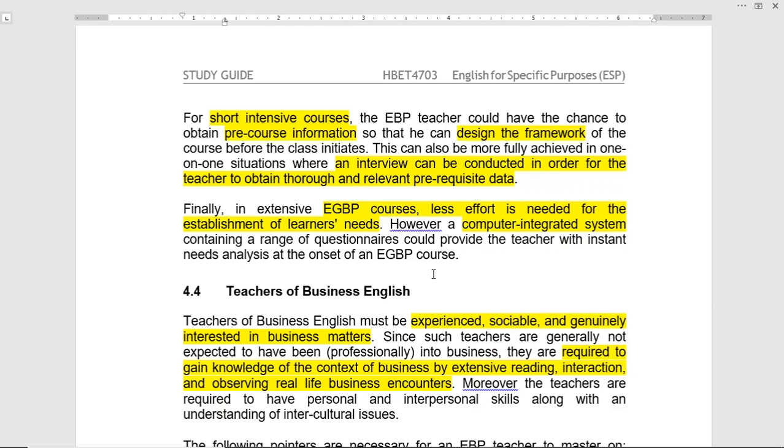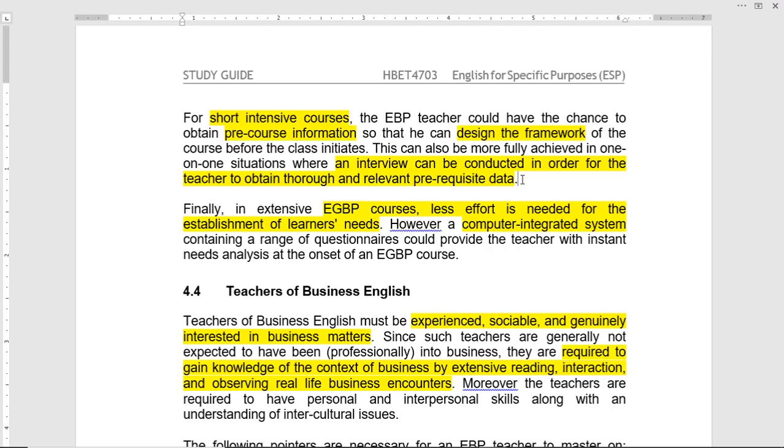This can also be achieved through one-on-one situations, through an interview that can be conducted in order for the teacher to obtain thorough and relevant prerequisite data. So you can talk to the students, interview them, or give a questionnaire and so forth to do the needs analysis. There is another topic called needs analysis, which has in-depth information regarding this area.